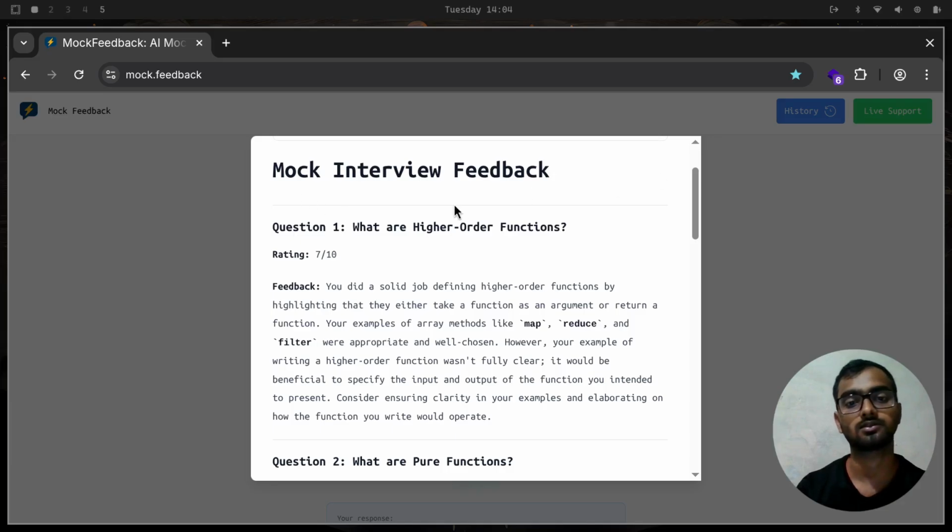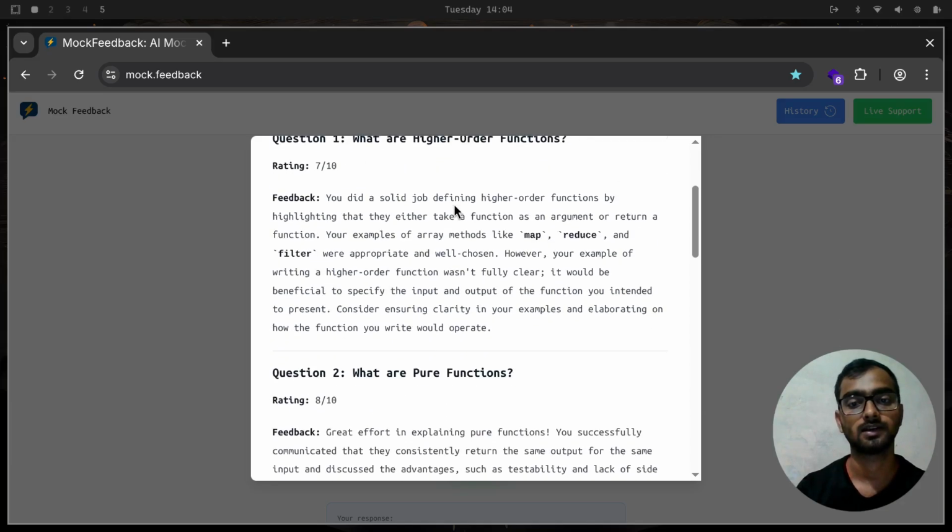So question one was, what is a higher order function? And the feedback is, you did a solid job defining higher order functions by highlighting that they either take a function as an argument or return a function. Your examples of array methods like map, reduce, and filter were appropriate and well chosen. However, your example of writing a higher order function wasn't fully clear.